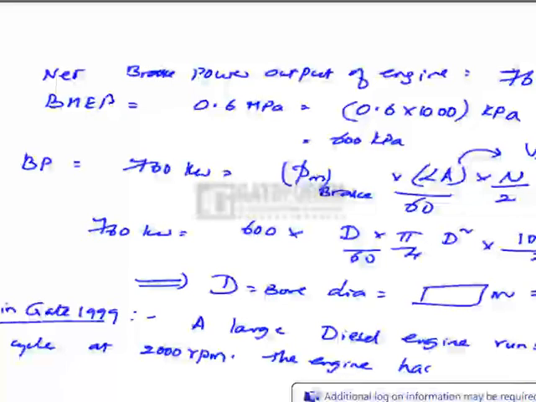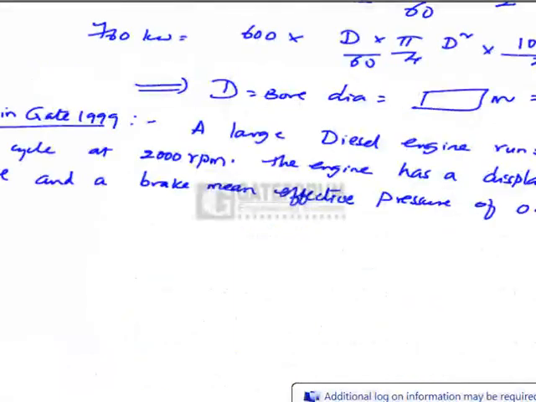The engine has a displacement of 25 liters and a brake mean effective pressure of 0.6 meganewton per meter square.